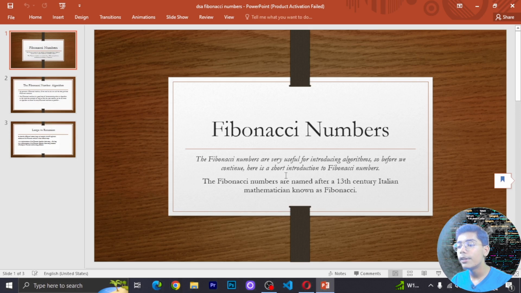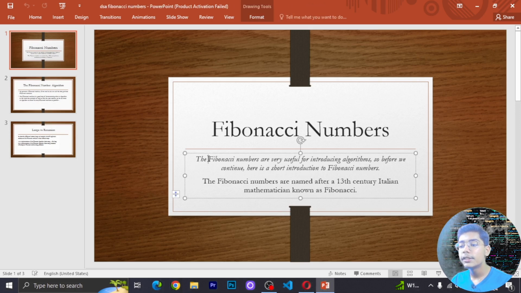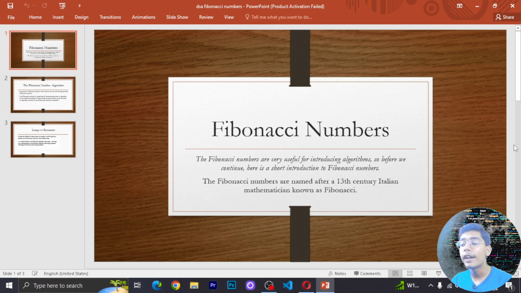So before we continue, here is a short introduction to Fibonacci numbers. The short summary of this sentence is that Fibonacci numbers are very useful for introducing any algorithm. If you're introducing or writing any algorithm, Fibonacci numbers are very useful there, in any language. I'm not only considering data structure algorithm, I'm considering all languages.